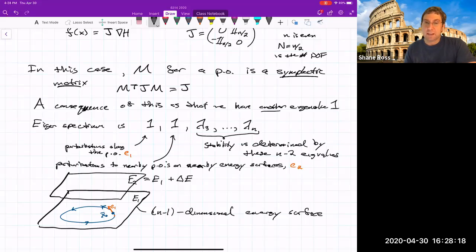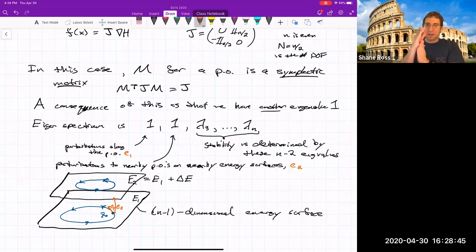It's another energy surface, and by continuity of the equations of motion, there has to be another periodic orbit on that energy surface. So that was E1, this is E2.